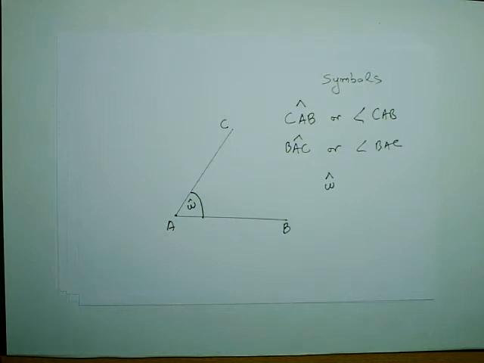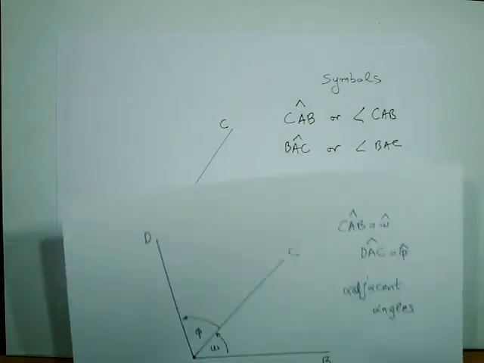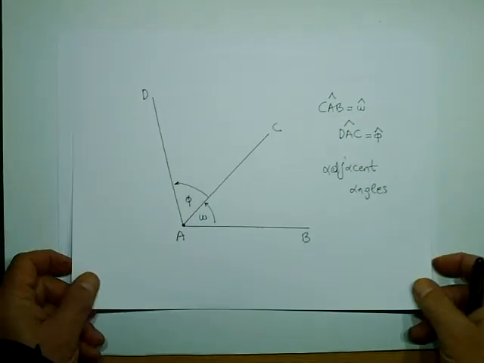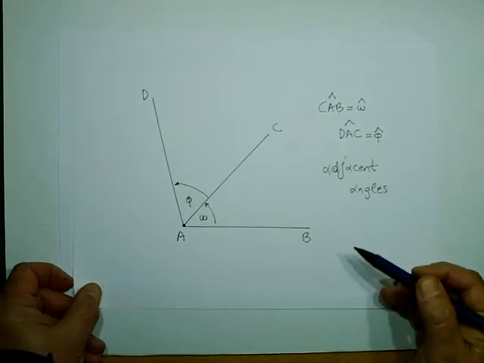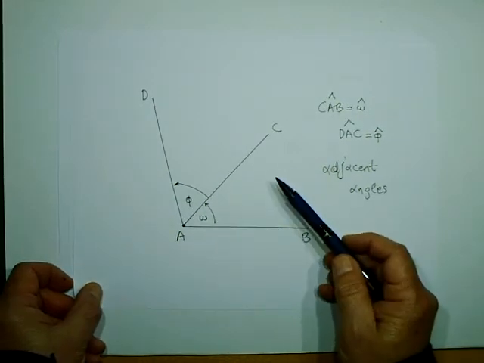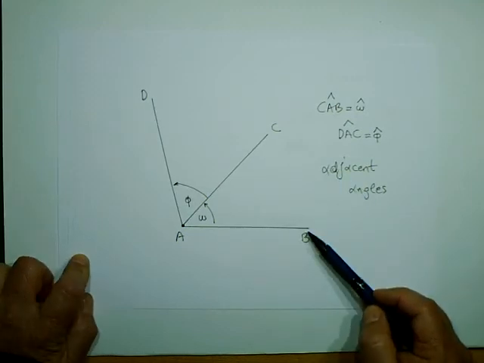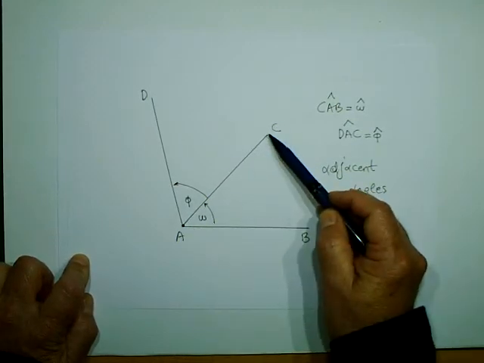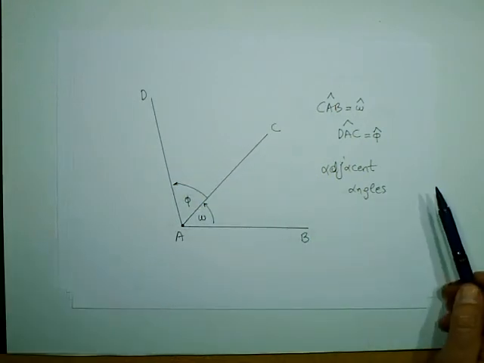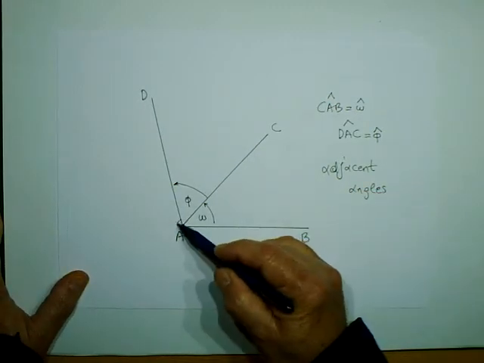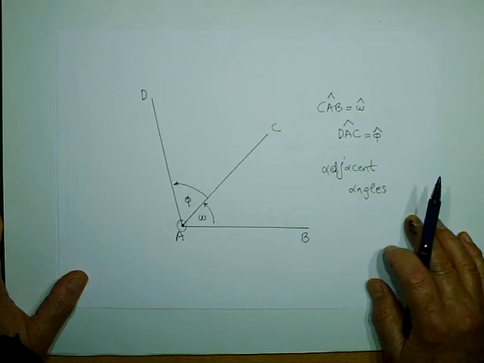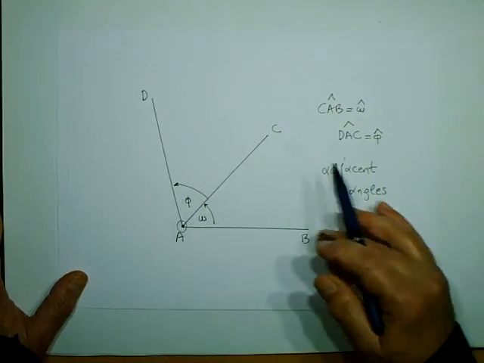Okay, so let's do some more: adjacent angles. Two angles are said to be adjacent if they are lying next to each other. For example, here the angle BAC and the angle CAD are adjacent. They have a common side and a common vertex here, and neither of them is inside the other one.